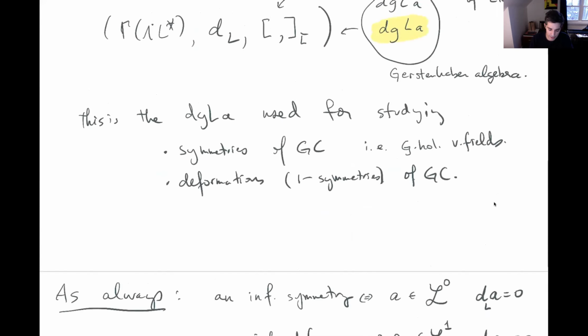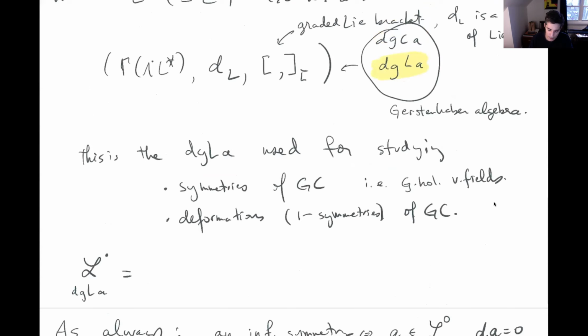But actually the differential graded Lie algebra will be the sections of L star, except that I need to shift the grading so that it's just like in the tangent bundle for the multi-vector fields.